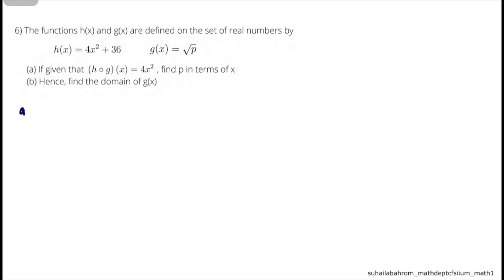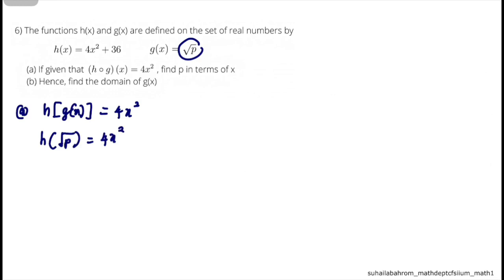So what we have to do here is, given that h composite g is equal to 4x squared, and then we have h. What is the function of g? It is square root of p. So it is equivalent to 4x squared. And then the function of h is 4x squared plus 36.